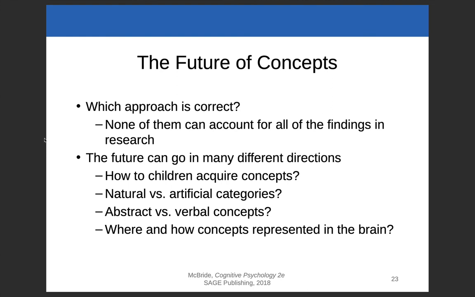Abstract concepts versus verbal concepts: are they different? How are concepts represented in the brain? What parts of the brain are involved? How does it work? These are all future areas of research that we'll be investigating probably long after all of us are gone.